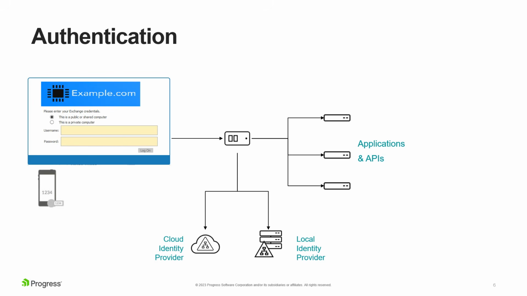So rather than having to configure your AWS environment to use maybe local AWS authentication, or trying to federate it with Azure Active Directory, you can offload all of that to the LoadMaster. It essentially acts as the front end authenticator for all of these. So it can be very useful there.